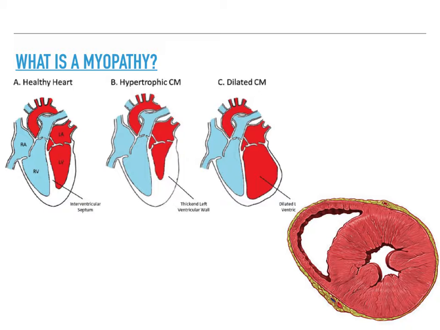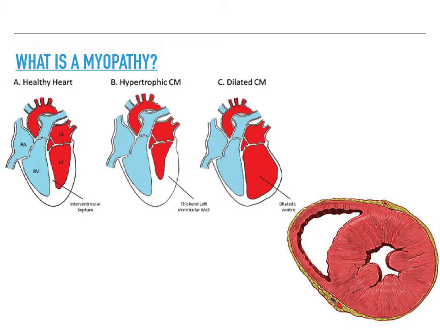Not necessarily the cells themselves thinning out, but the amount of cells would be less, causing this thinner wall and this dilation of the ventricle. This is mainly a loading issue, not a systolic removal of the blood.